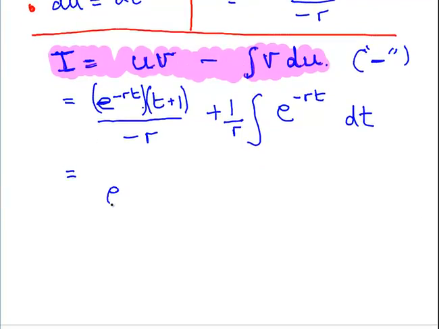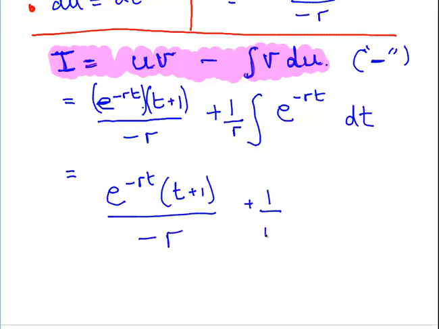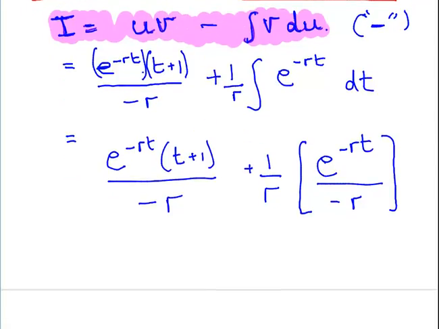So I have e to the minus rt over minus r times t plus 1, plus 1 over r, and then we do the integral of that, and it's the same one as we've done before. It's the same one again. Also, we don't have to worry about the undetermined coefficients, not for a while anyway. So at the end, you sort out the coefficients.